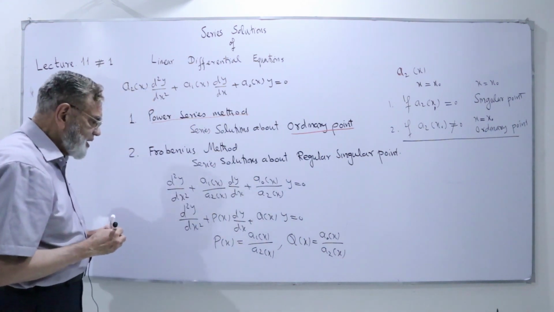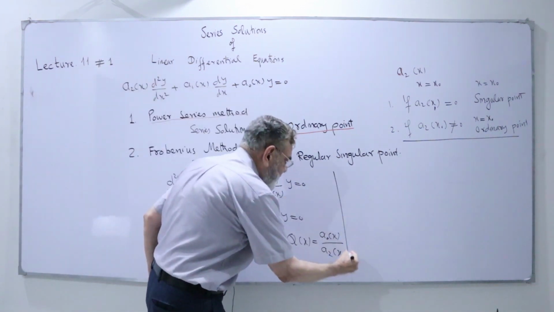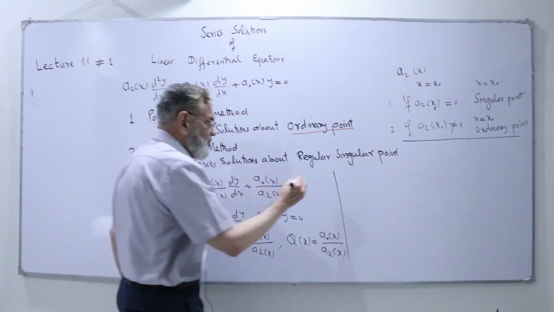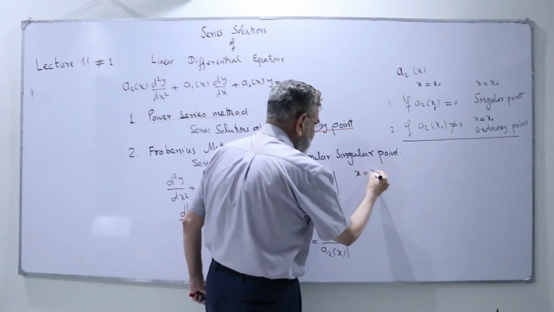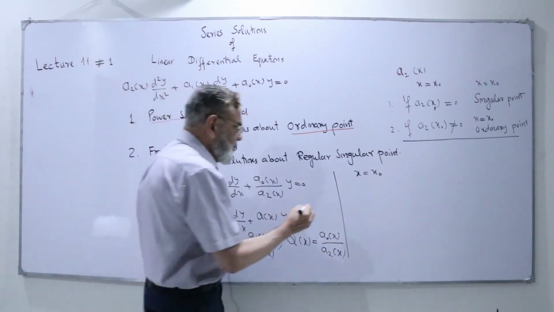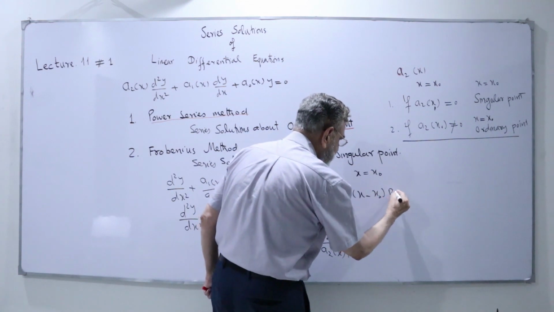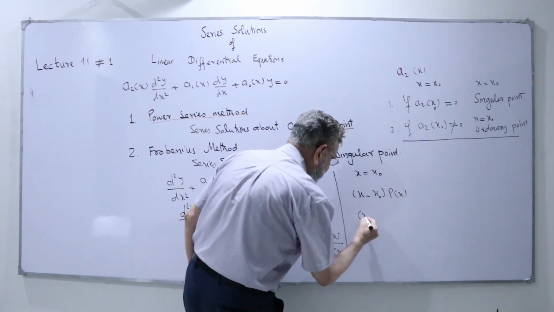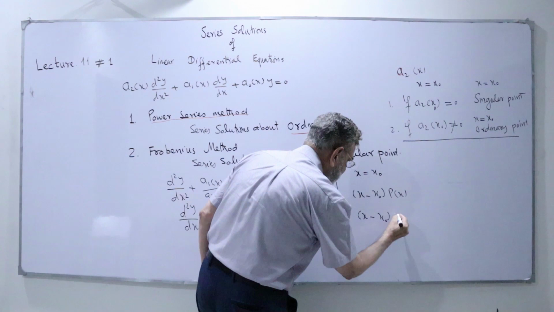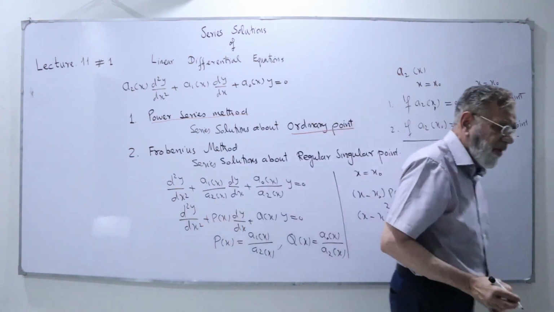Now we take this case and we are going to develop this function. We are discussing the point x equal to x0. We multiply p of x with x minus x0, and multiply the function q of x with x minus x0 squared.